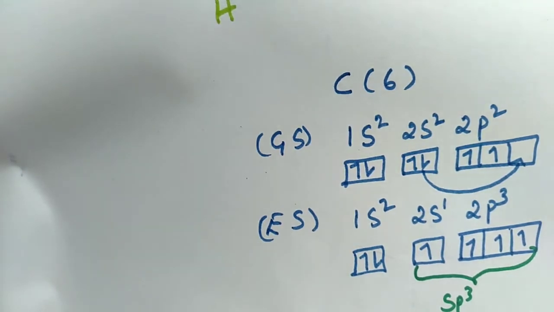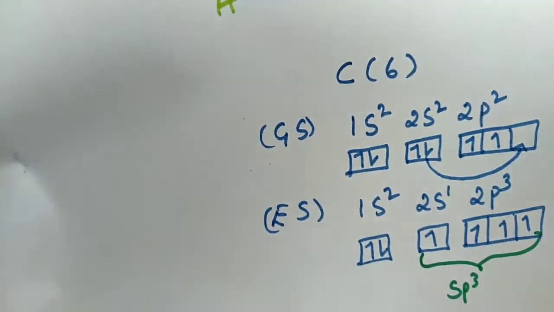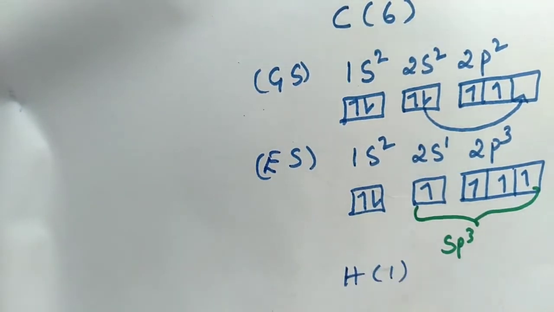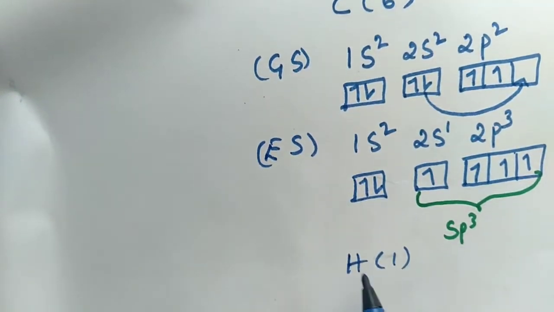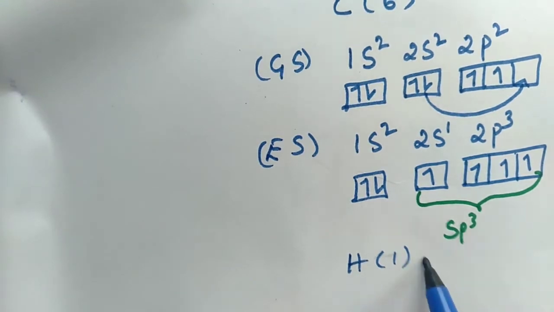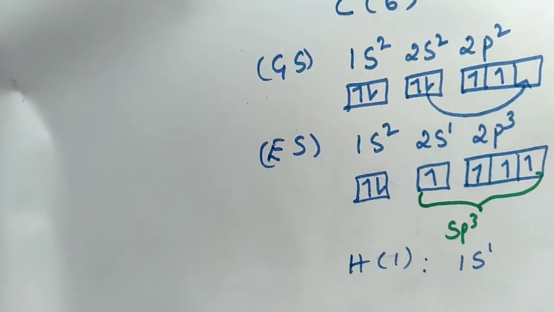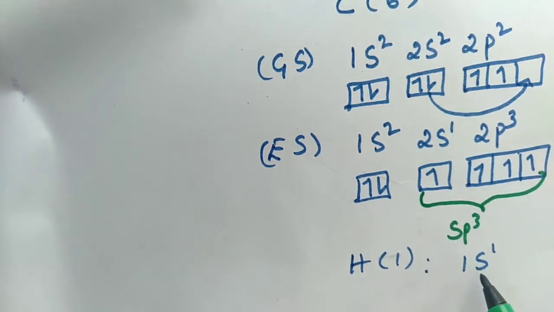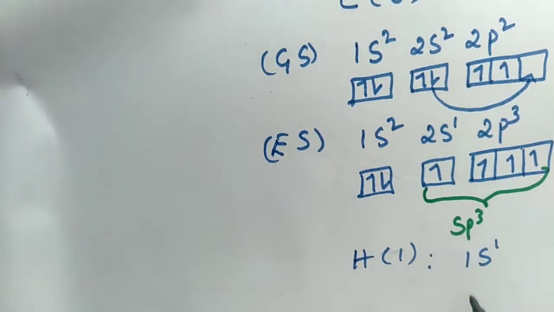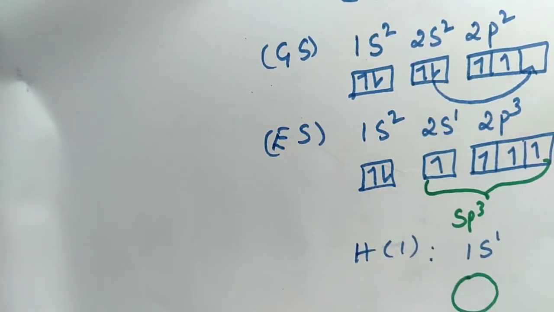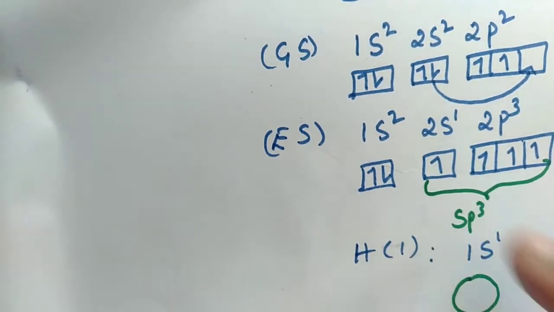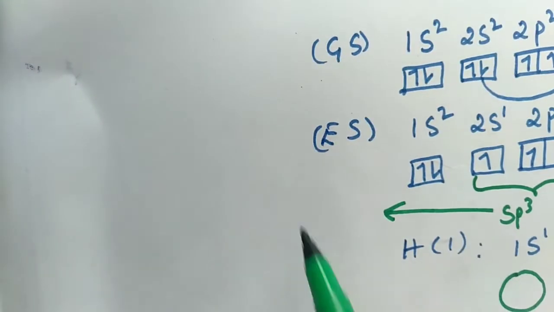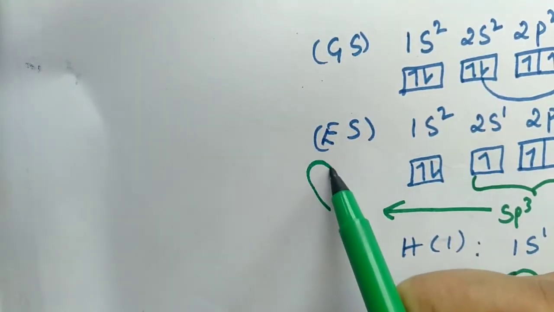Now for hydrogen, the atomic number of hydrogen is 1. Then what is the electronic configuration? It is 1s1. And you have to know here the structure for the s orbital is spherical in this way. And for the sp3 hybrid orbitals, it is like this.